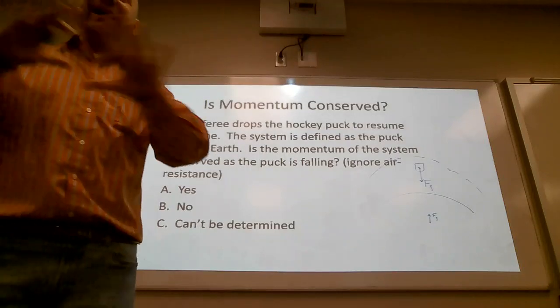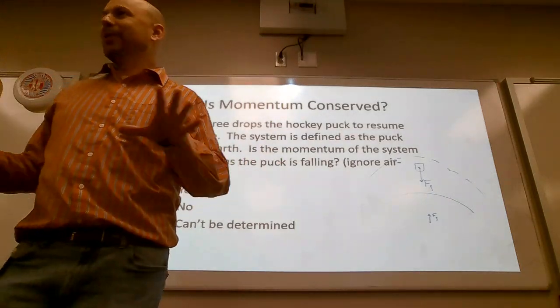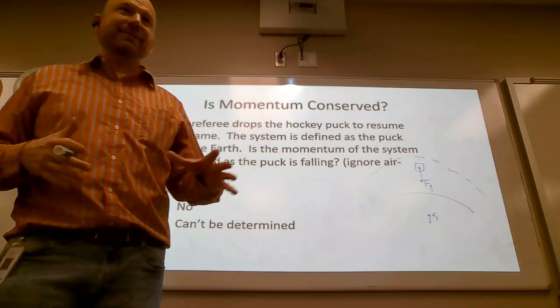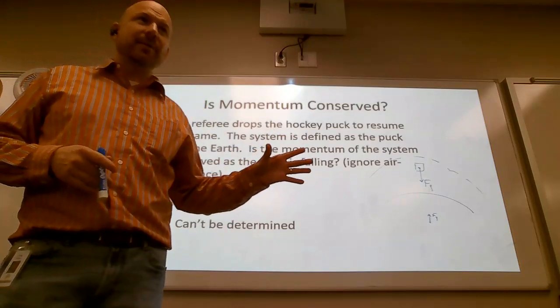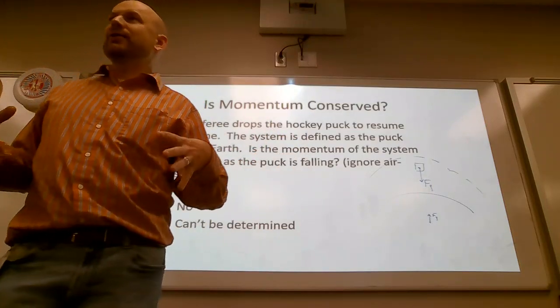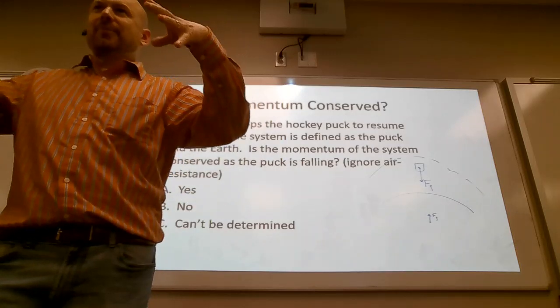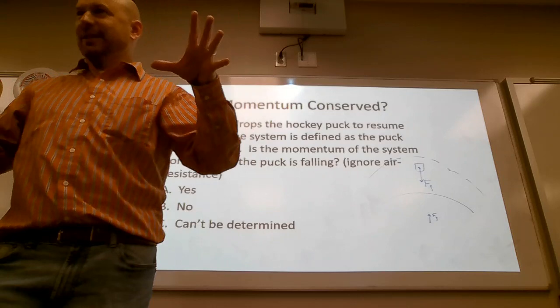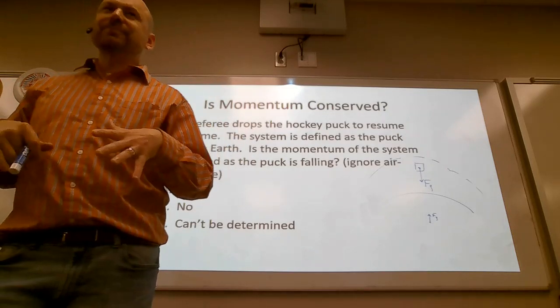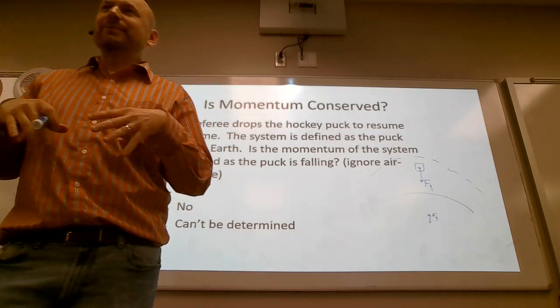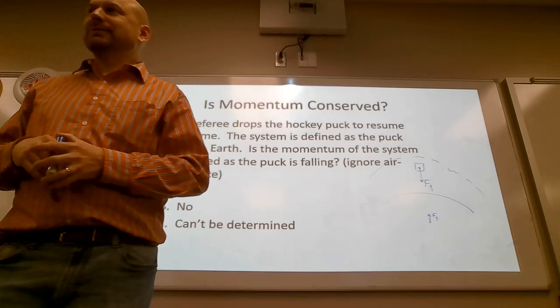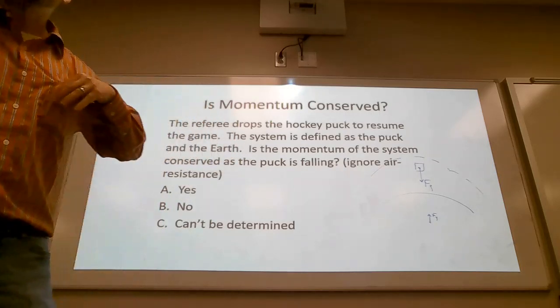That is not a good way to solve that problem. There are other ways using physics to solve what you're trying to solve. We're not going to try to find the speed of the Earth accelerating up to the puck. See how ridiculous that is? Conceptually, it's valid, but from a practical standpoint, it's not a good approach.